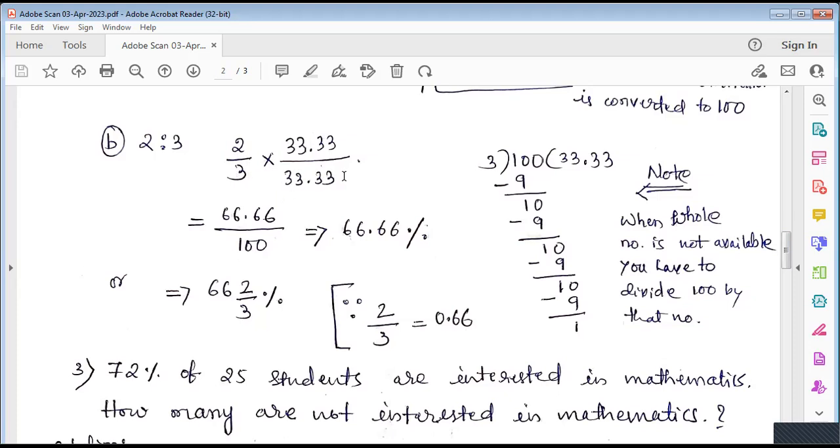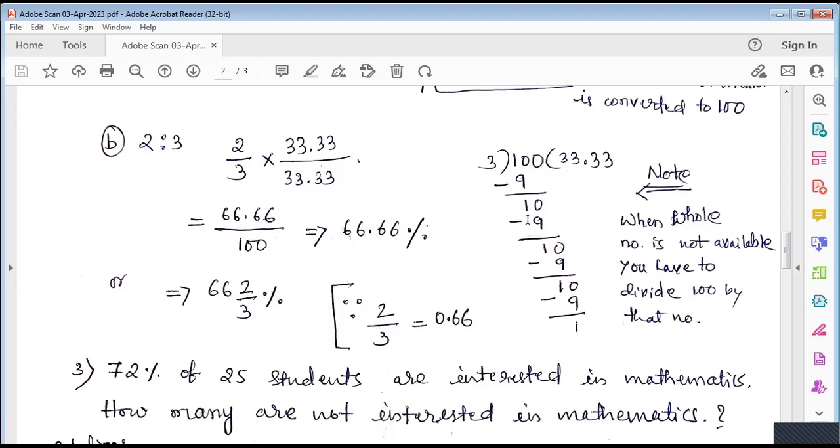Under these circumstances, you have to divide 100 by that particular number. So here 3 is there, and I have to find such a number whose multiplication with 3 gives me 100. So that is why you have to divide this 100 by 3.